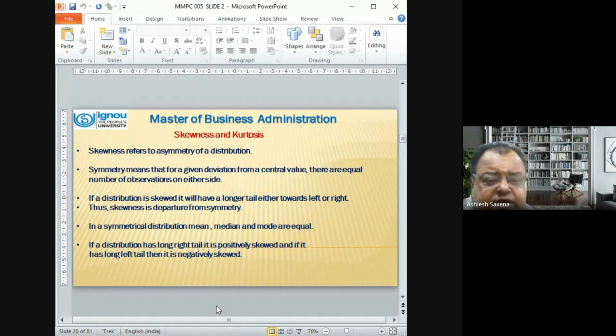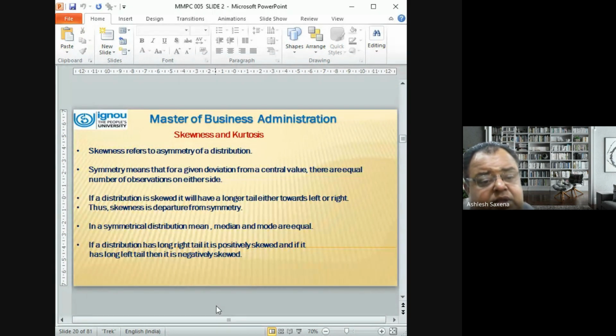Now, skewness refers to the asymmetry of a distribution. That means its variation. Symmetry means for a given deviation from the central value, there are equal number of observations on either side. If a distribution is skewed, it will have a longer tail either towards left or towards right.